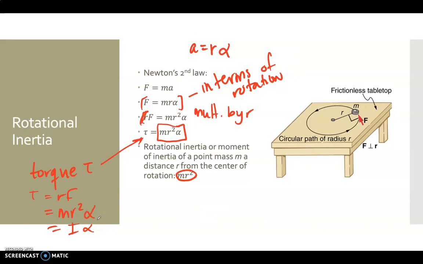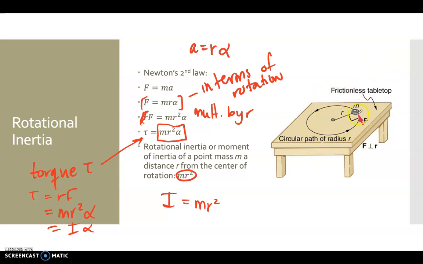So again, rotational inertia, or moment of inertia, of a point mass, say like here on this table, at a distance r from the center of rotation is going to be mr squared. So inertia equals mr squared in this basic sense. That's for a circular path.